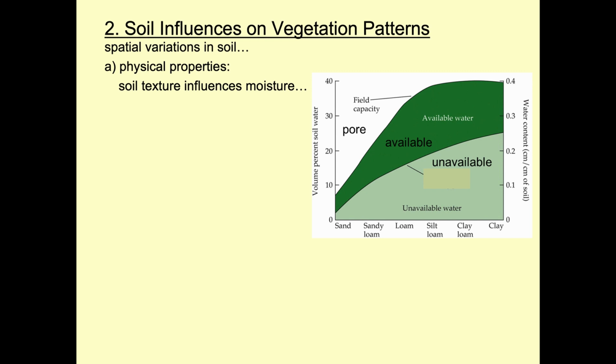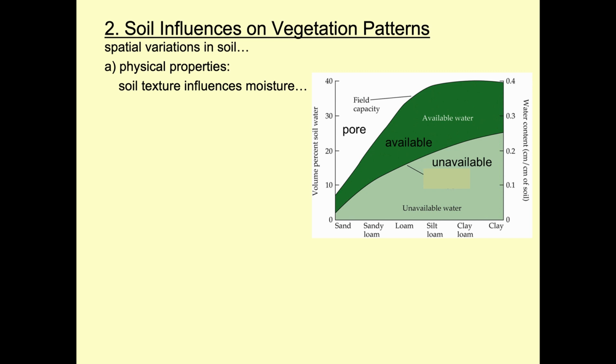So again, most productive soils have a mixture, but are dominated by this intermediate soil texture. As we get into pure clay, you actually see that there is a lot of total water, right? The percent of the water can be really high in these clay soils, but the unavailable water actually increases.